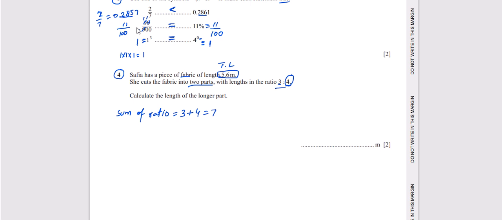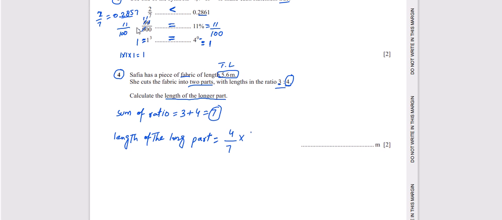And now we are going to calculate the length of the long part. The length of the long part is equal to 4 divided by the sum of the ratio, which is 7, multiplied by the total length.